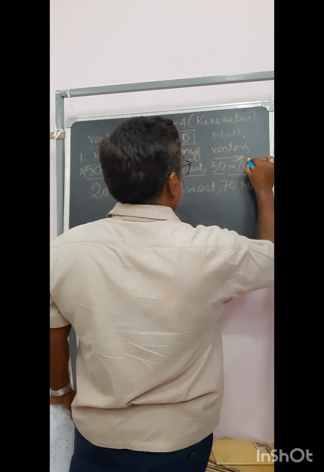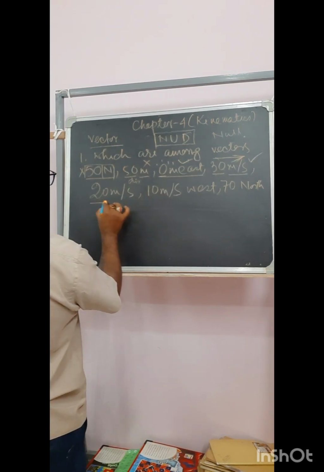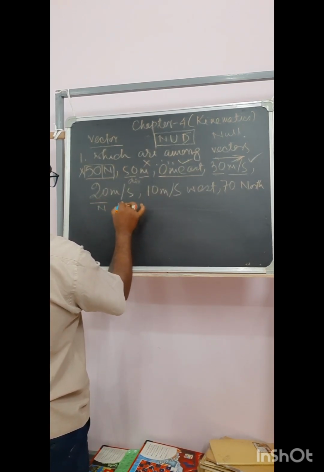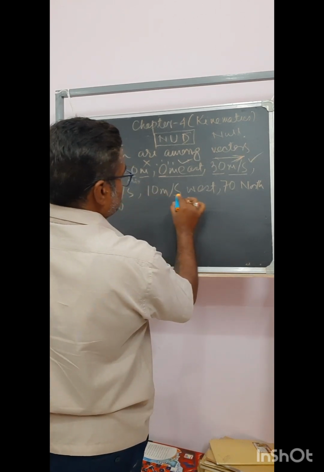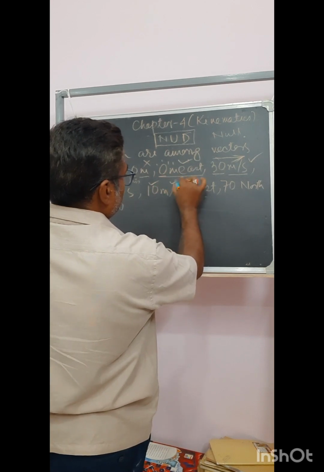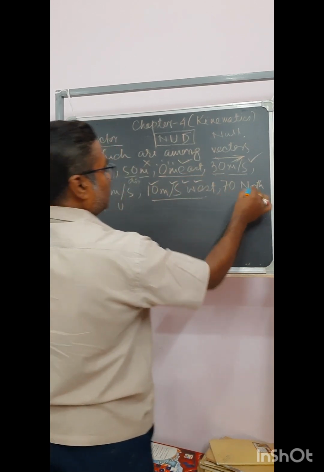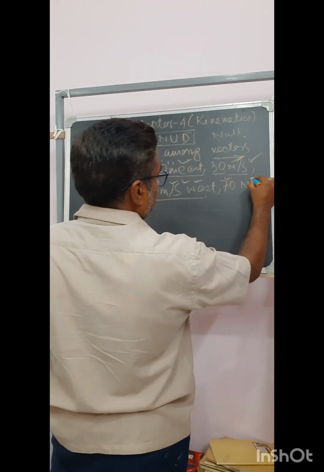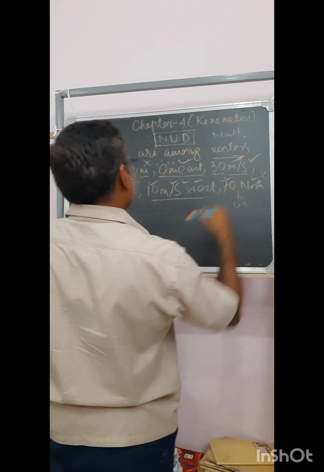So this is well taken as a vector. 20 meter per second, again numeric is there, unit is there, direction missing, no. 10 meter per second west, numeric, unit, direction, okay. 70 north, numeric is there, direction is there, unit missing, so it's not a vector.